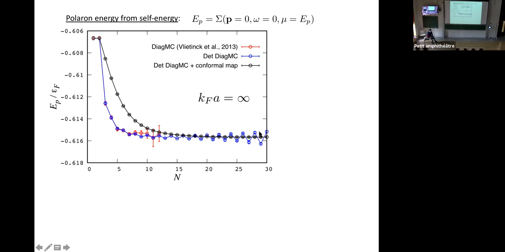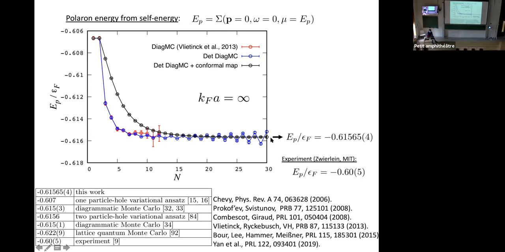If we do the conformal mapping on top of that, this series is transformed into a convergent series, and we can get quasi-particle properties, for example the energy, with very high accuracy. Everything is well controlled, and it agrees with experiments.